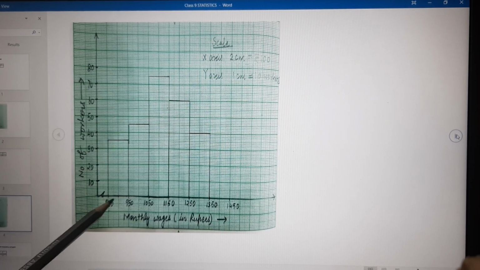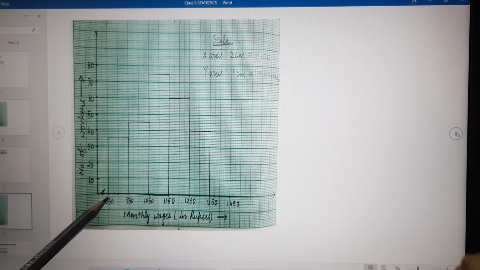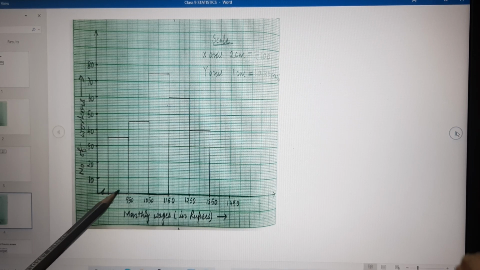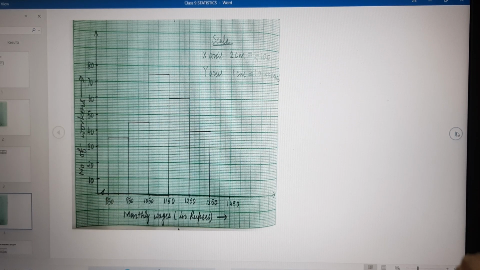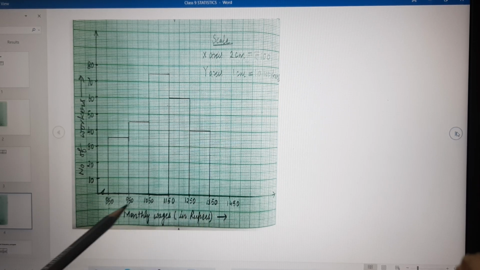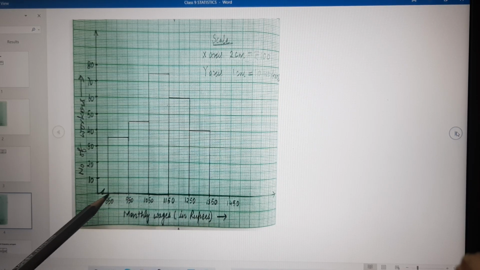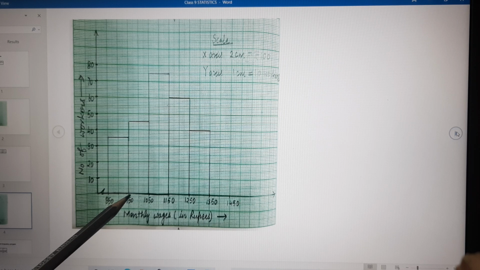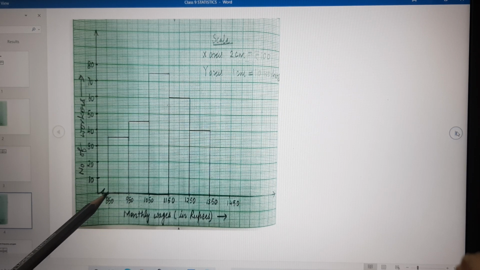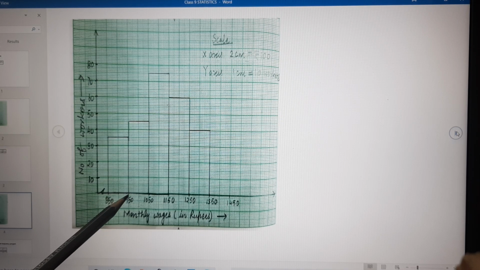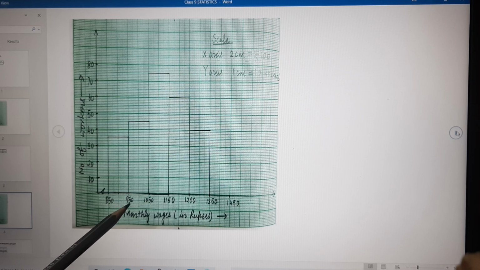Now I have taken scale as 2 centimeter equal to 100 rupees on the x-axis. So 2 big blocks. I'll take the point, first one is 850, then I'll skip 2 big blocks, then 950.